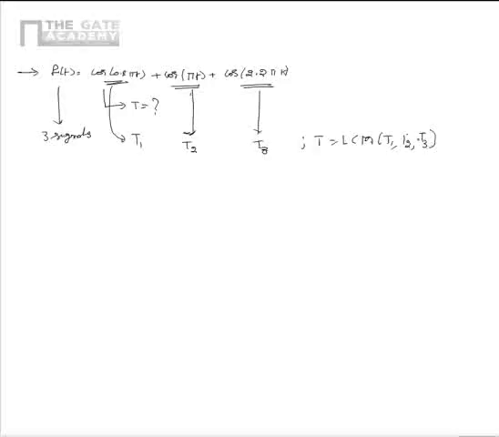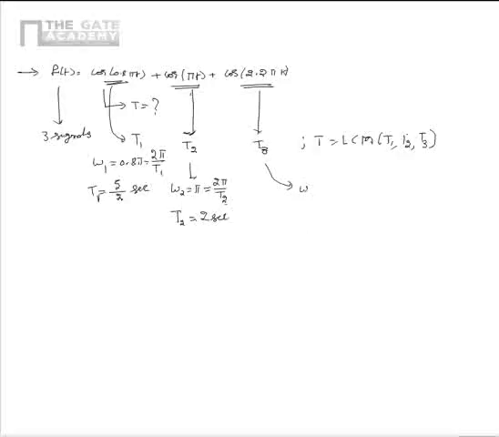From this we can see that for signal 1 the angular frequency omega 1 is equal to 0.8 pi, which can be written as 2 pi by T1. From this we see that T1 is equal to 5 by 2 seconds. Similarly, for signal 2, the angular frequency omega 2 is equal to pi, which is equal to 2 pi by T2. From this, the time period of the second signal is T2 equal to 2 seconds.